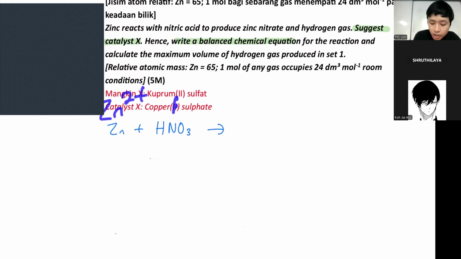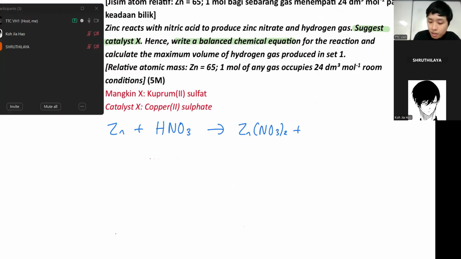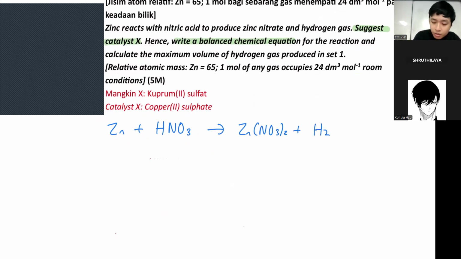Zn2+ will attract NO3−, so you get zinc nitrate salt and hydrogen gas. And then balance the equation: H2 means multiply by 2 for HNO3. Then the same thing.